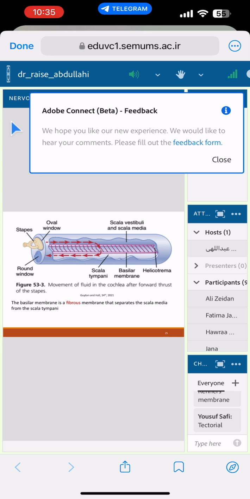So in fact we translate vibration of sound into the movement of fluid inside of the cochlea.